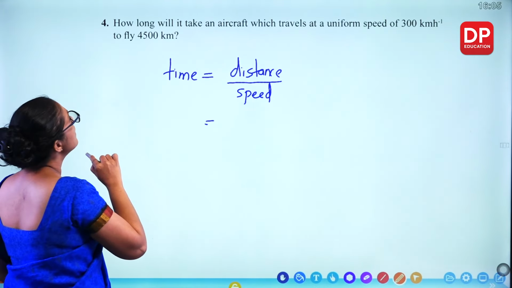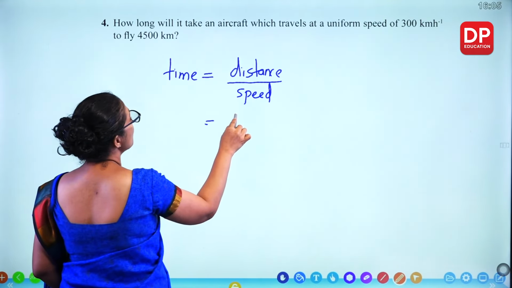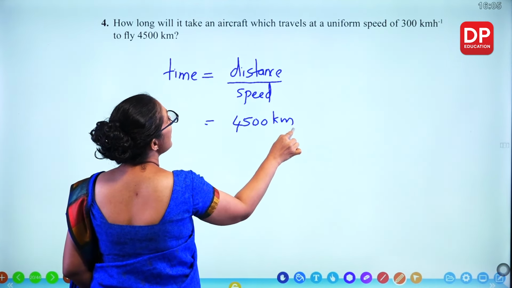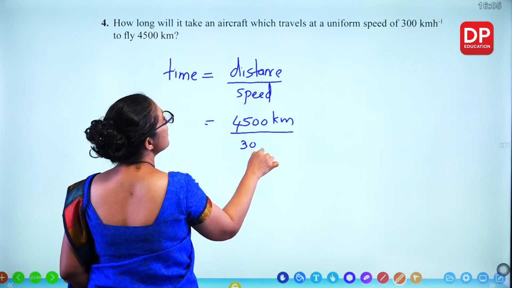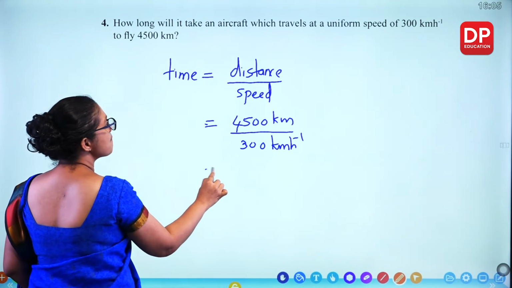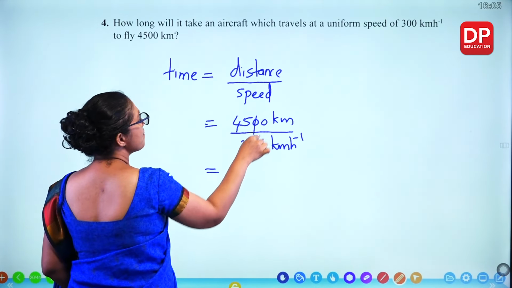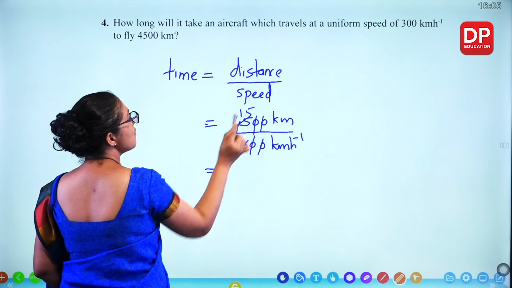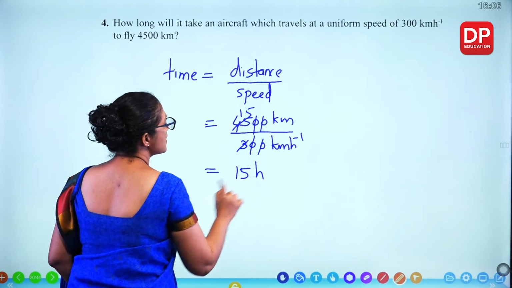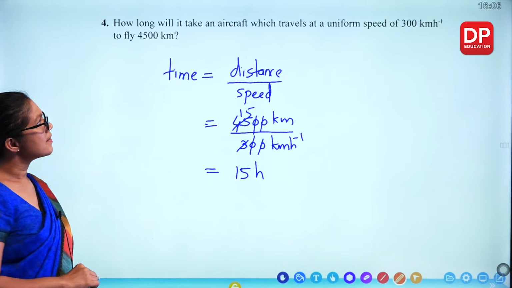Distance is given as 4,500 kilometers and speed is given 300 kilometers per hour. Simplify, you get 15. So 15 hours is the answer.